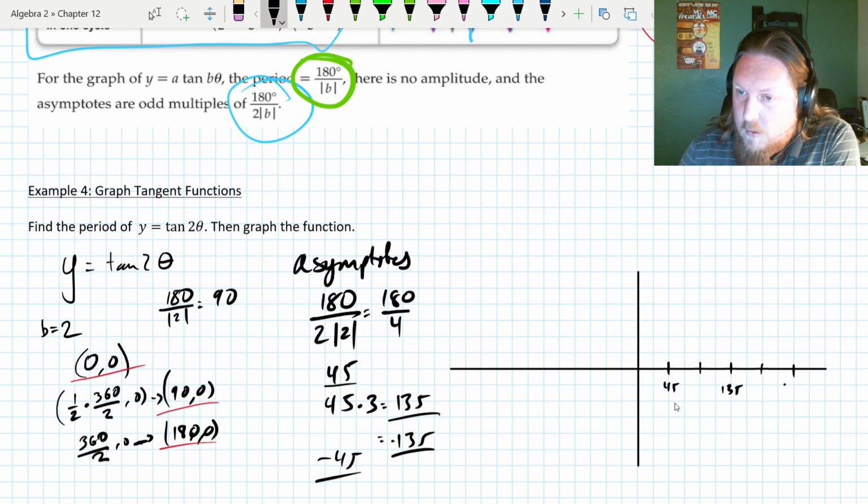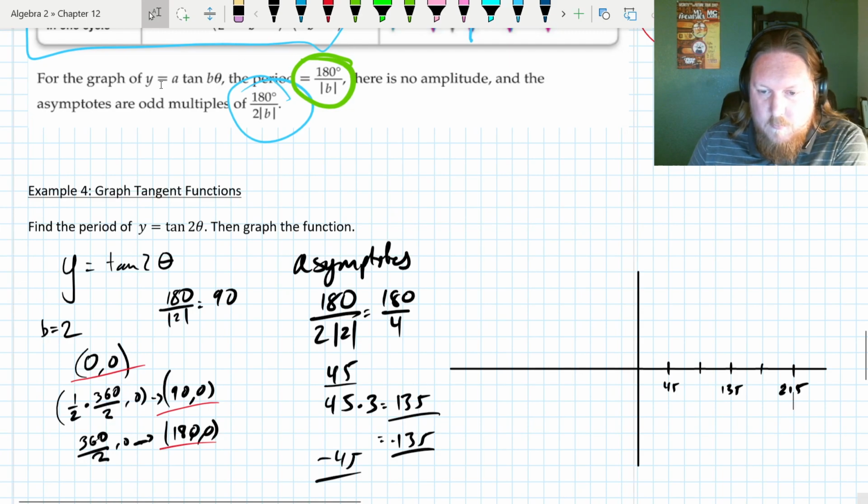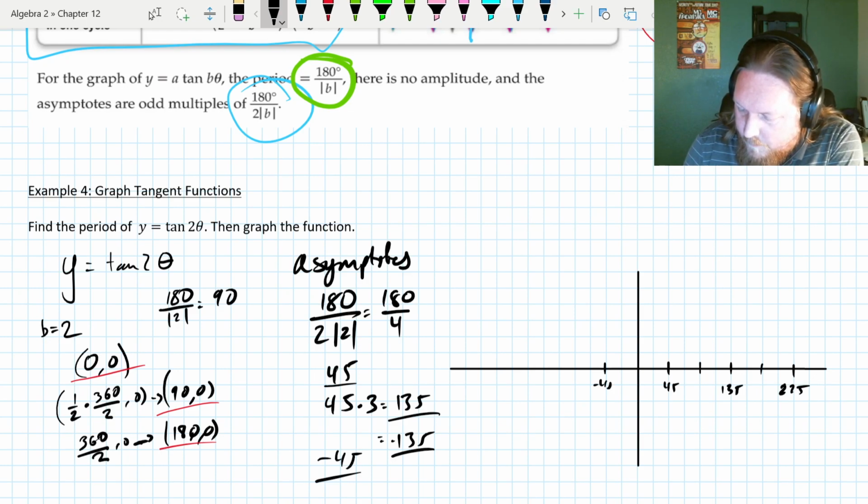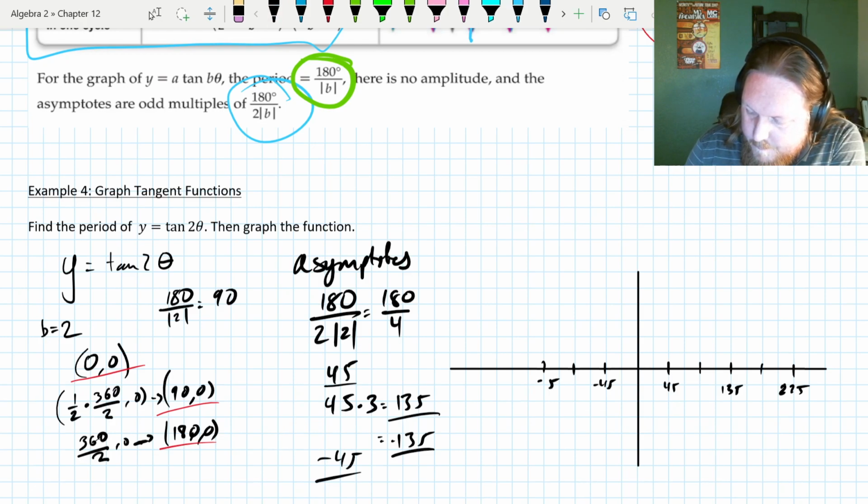Oops, 215. Isn't that right? I'm trying to remember my unit circle. Let me double check that one. 45 times 5, 225. 225. I knew something was off there. 225. And I'm going to do the same thing in the other direction. Negative 45. Skip a spot. Negative 135. Skip a spot. Negative 225.